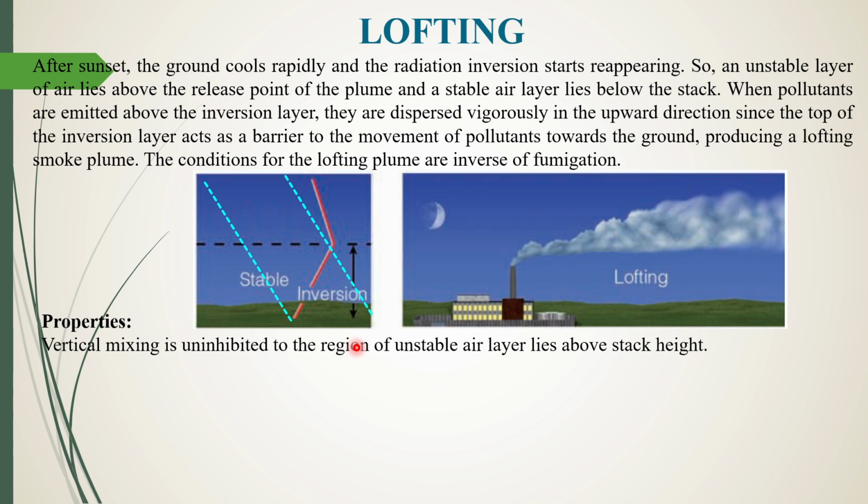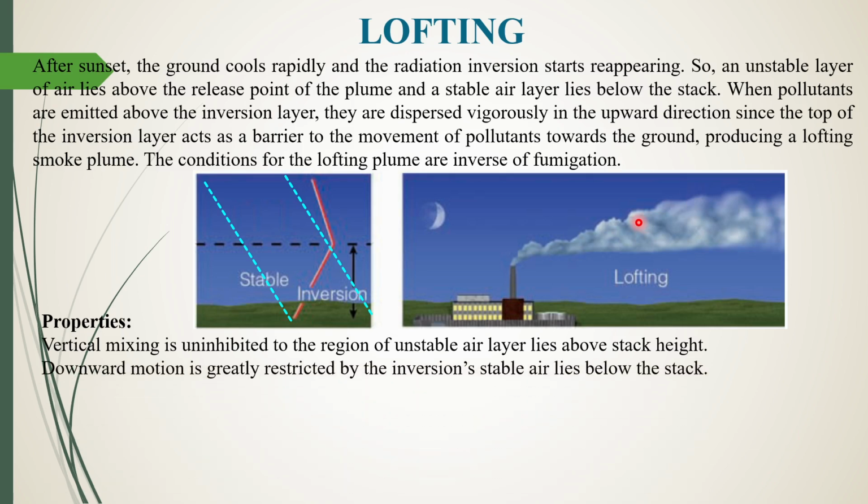So the vertical mixing is uninhibited in the region of unstable layer of air that lies above the stack height. But the downward mixing is greatly restricted by the inversion stable layer that lies below the stack.